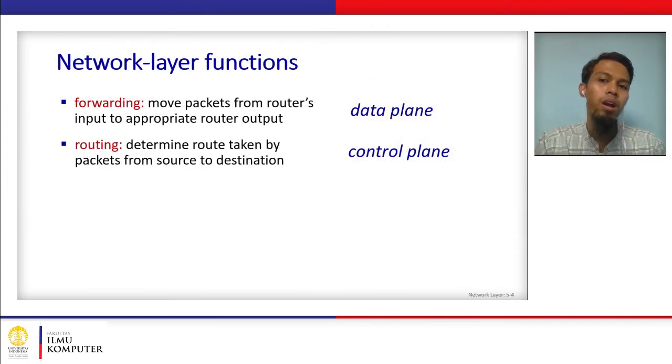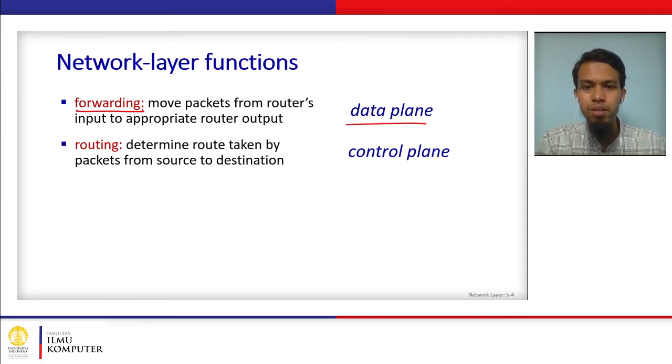All right, we have talked about these things in the previous chapter and also in the earlier chapters, but we'll just repeat. There are two important functions in the network layer. The first one is forwarding, and this is in the data plane because it really deals with the incoming packet, and how and where we forward the packet.